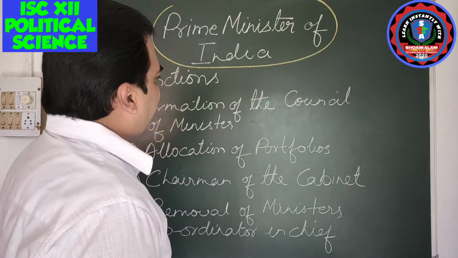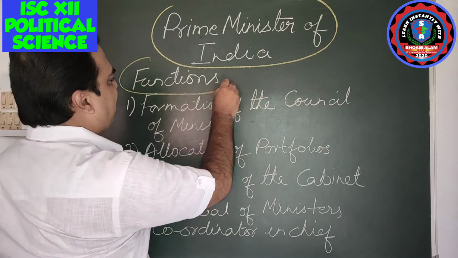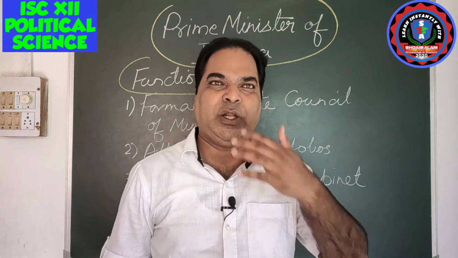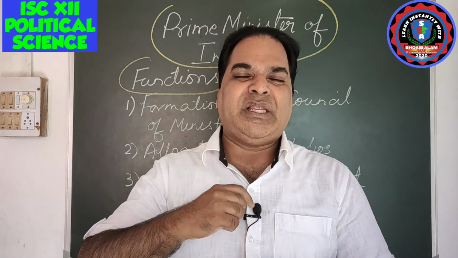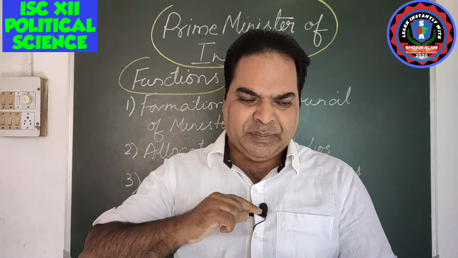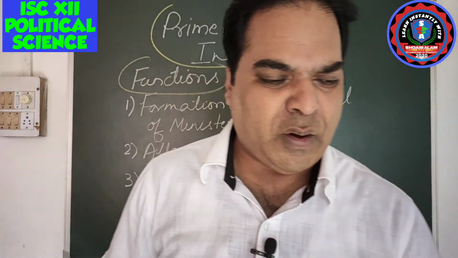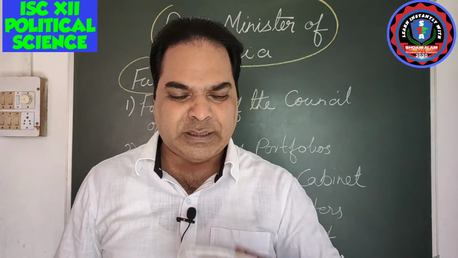So today we'll discuss the functions of the Prime Minister of a country. Before that, I would like to tell you how the Prime Minister of our country is elected. The Prime Minister is elected by the people of our country through universal adult franchise.